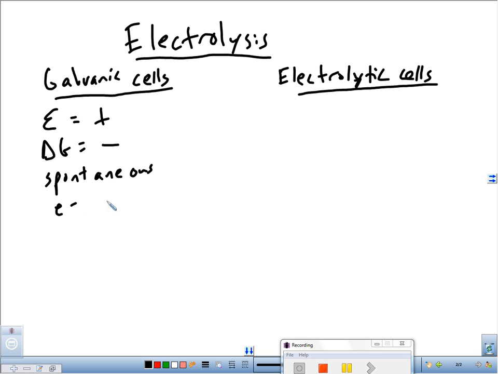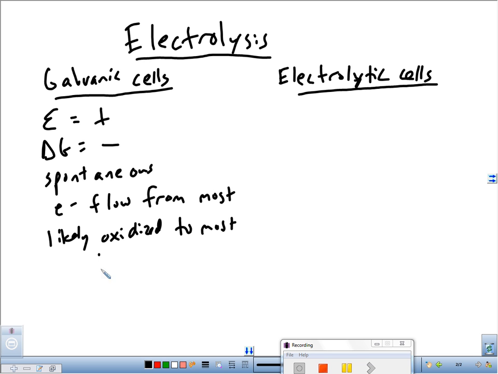Electrons flow from most likely oxidized to most likely reduced based on our potentials.